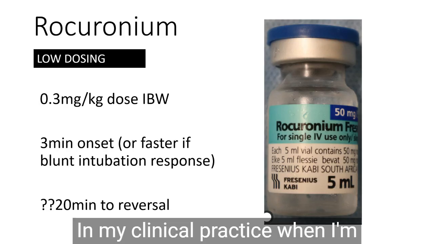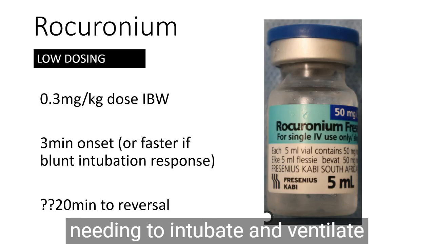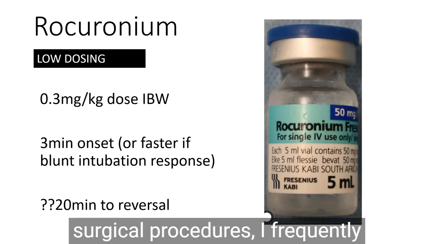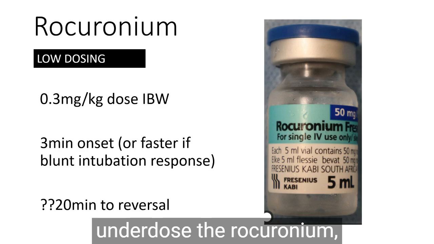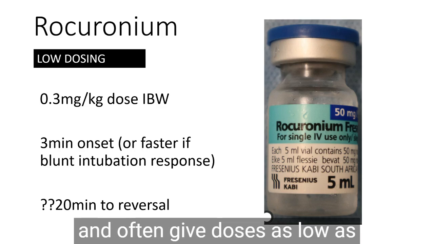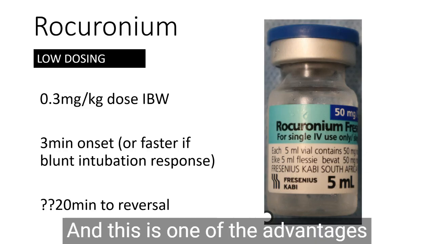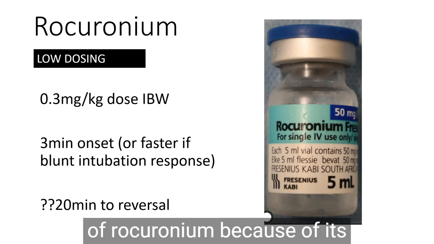In my clinical practice, when I'm needing to intubate and ventilate patients that are having shorter surgical procedures, I frequently underdose the rocuronium, and I often give doses as low as 0.3 milligrams per kilogram, ideal body weight. And this is one of the advantages of rocuronium.